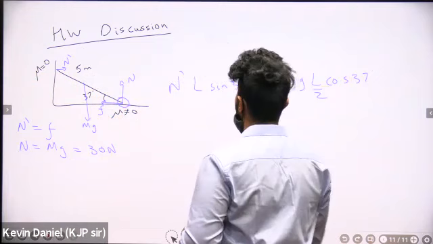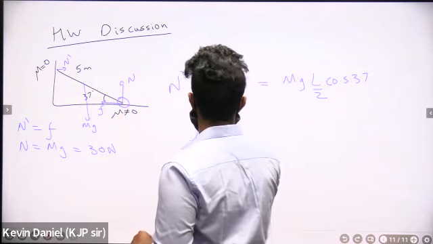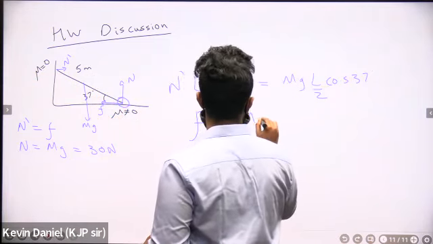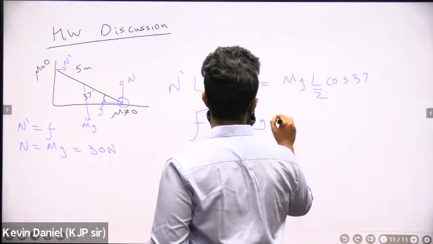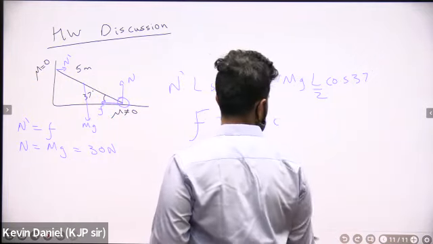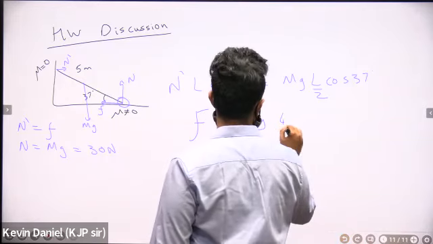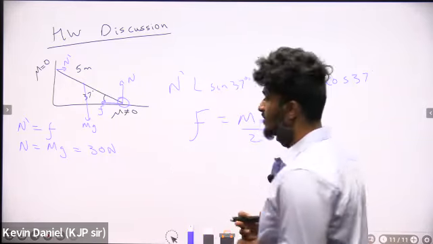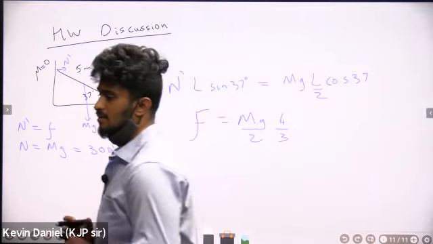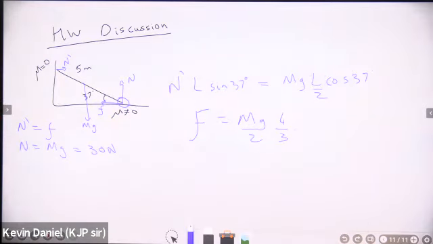And n dash is f. So f becomes mg by 2, L काट दिया, cot 37, which is 3 by 4, 2 mg by 3 आ रहा है. Okay, my method was correct.